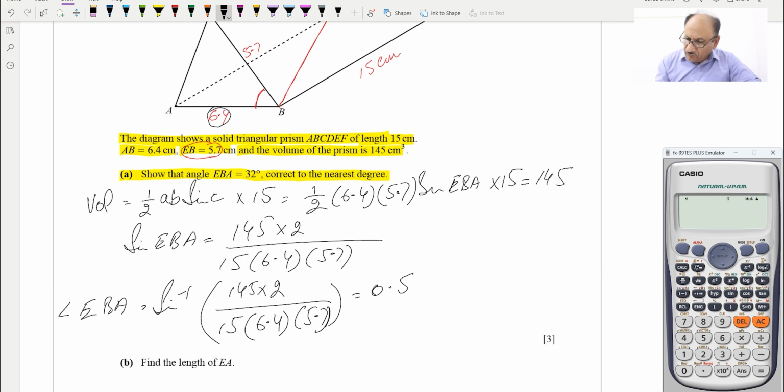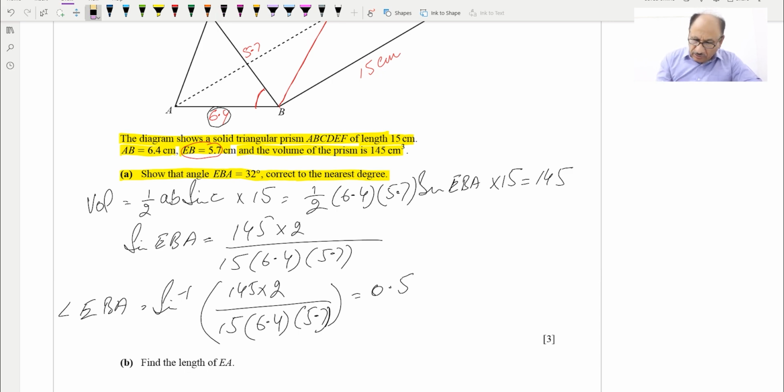We have to take that value. I will calculate this directly by taking shift sine of 145 into 2 over 15 multiplied by 6.4 and multiplied by 5.7, closed, and this is equal to 32.